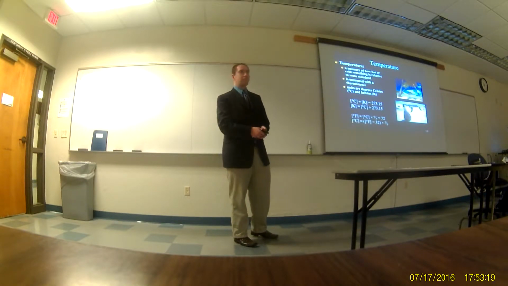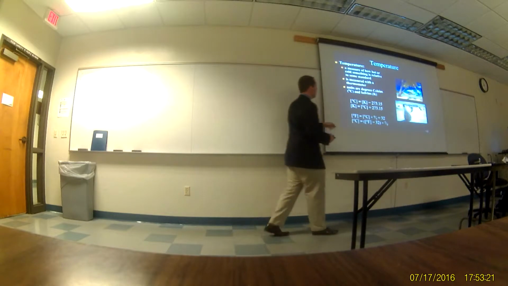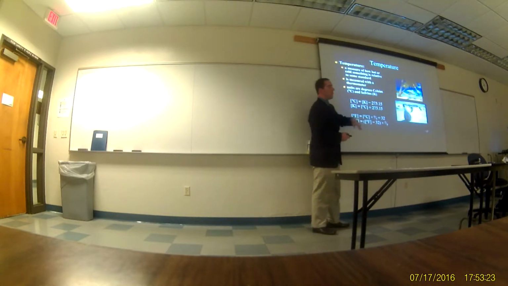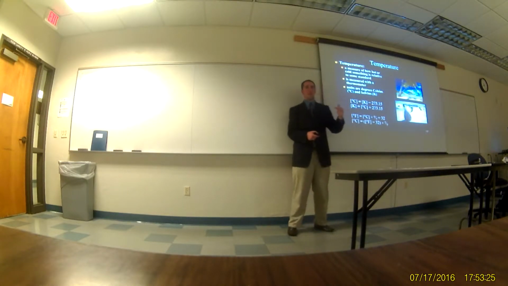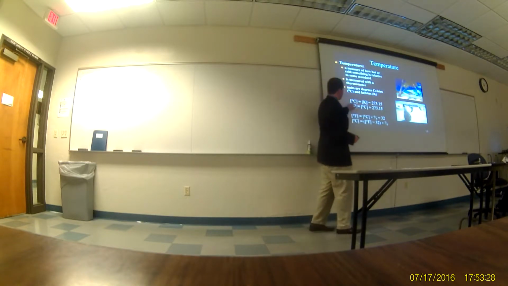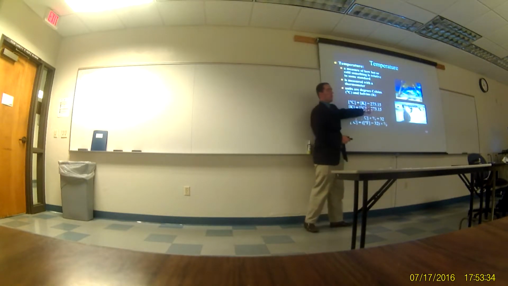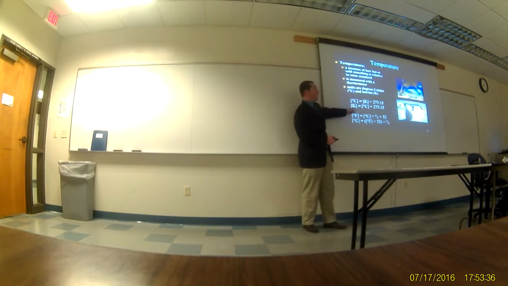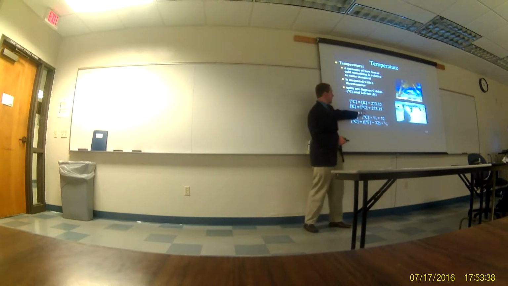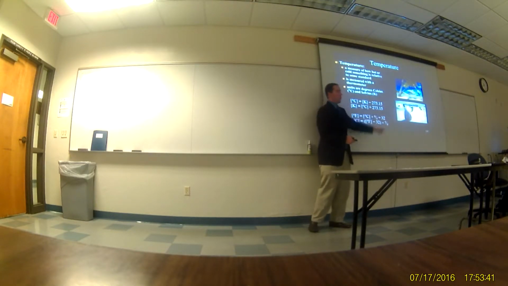There's no direct conversion between Kelvin and Fahrenheit, so you have to go through Celsius in between. In order to get Celsius, you take Kelvin minus 273.15. To calculate Kelvin, you take Celsius plus 273.15.